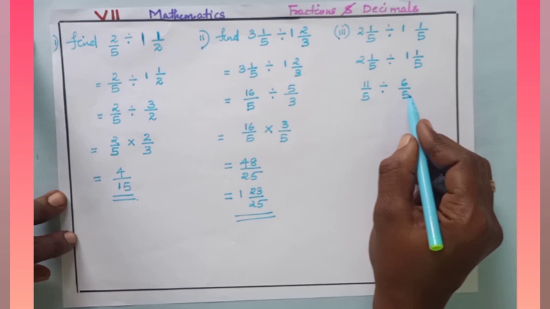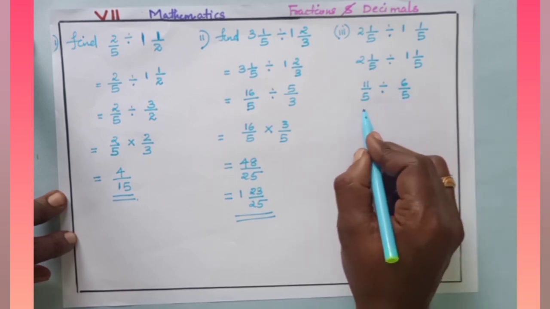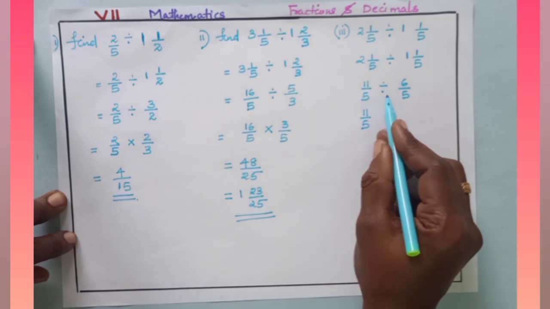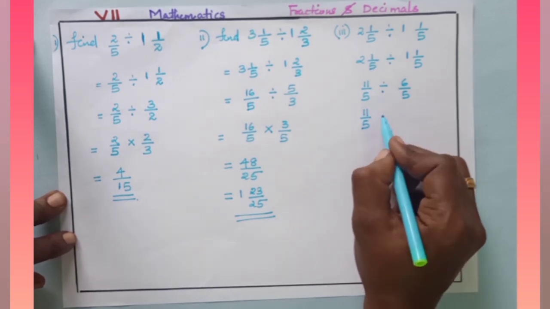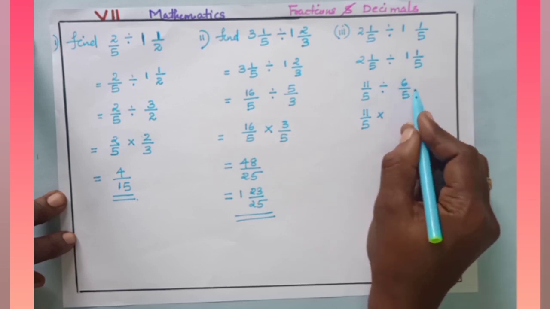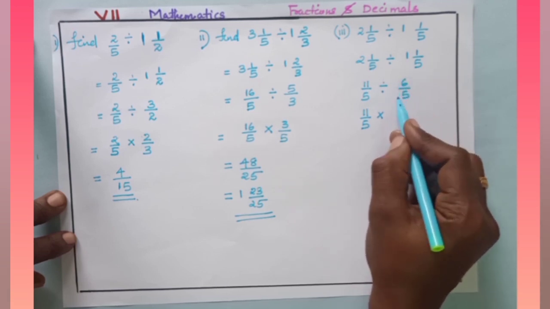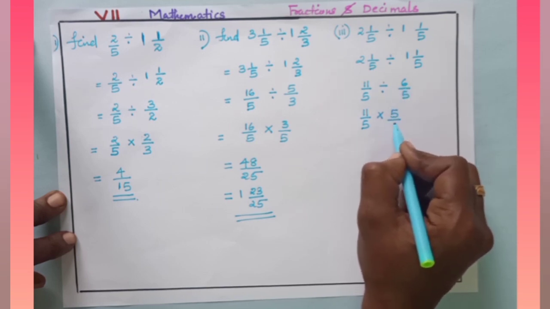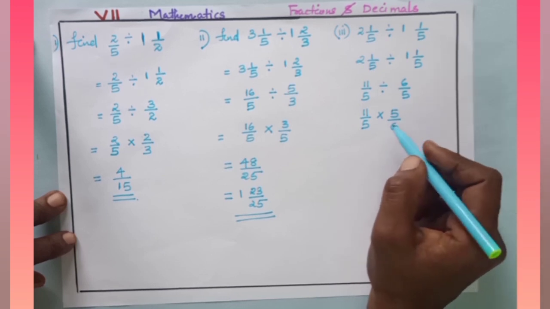A fraction divided by another fraction: division changes into multiplication, so multiply by the multiplicative inverse of the second fraction, 6 by 5. The multiplicative inverse is 5 by 6.